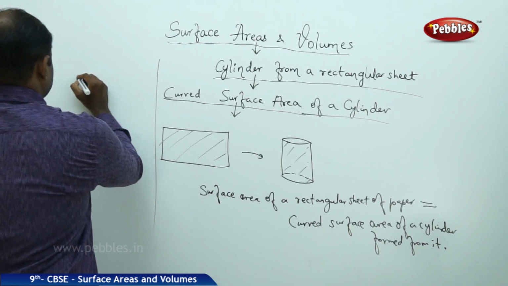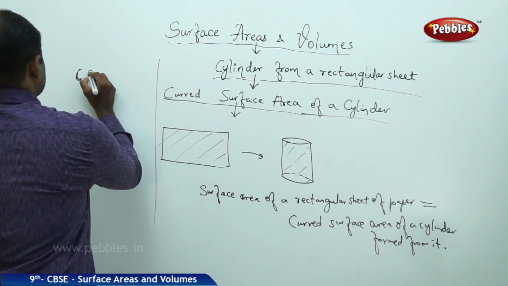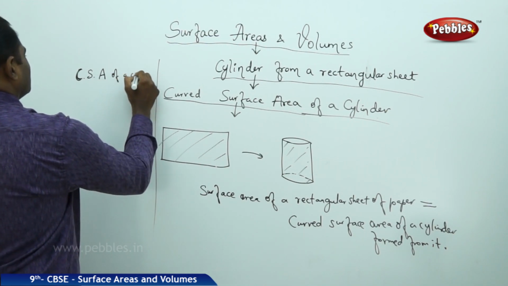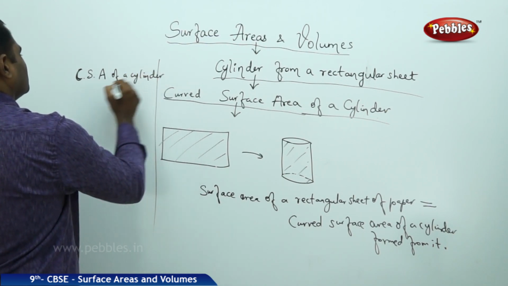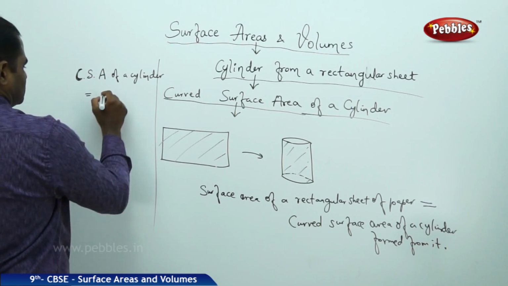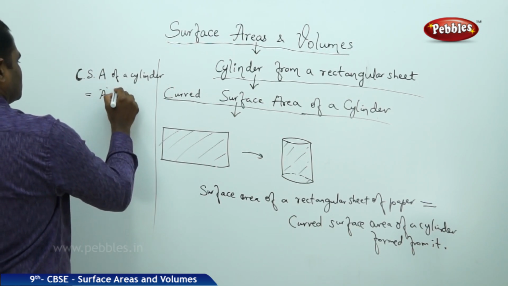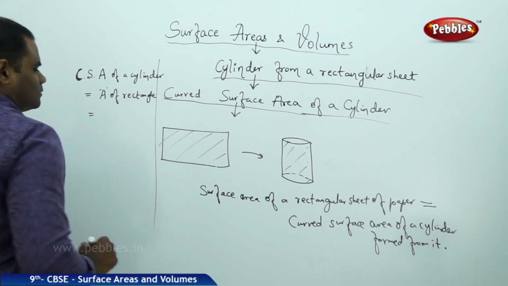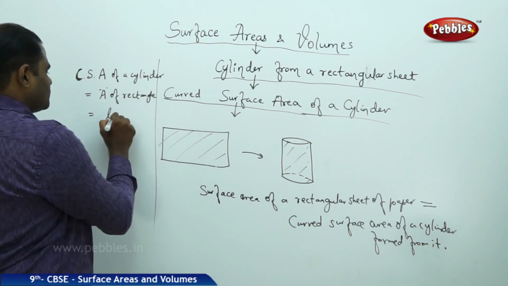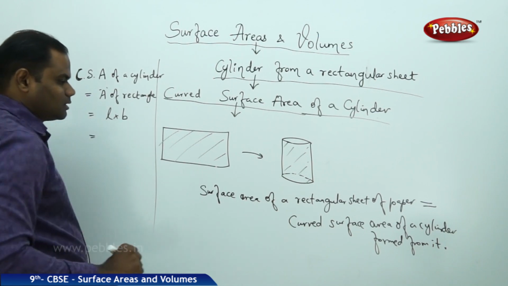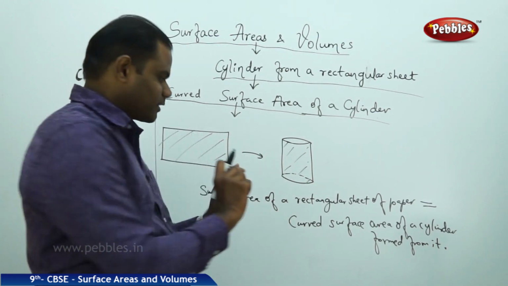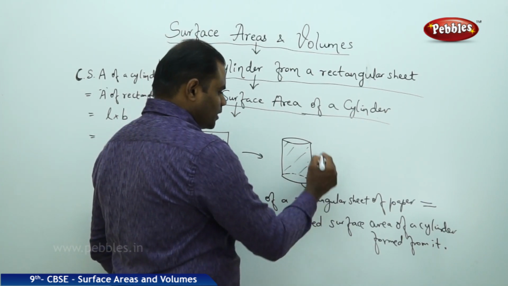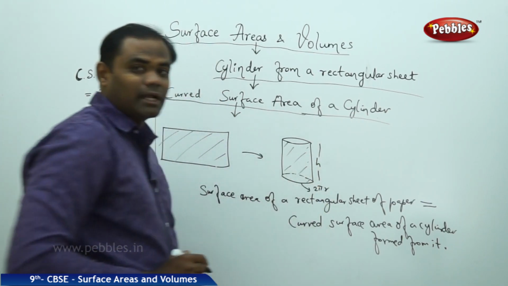So here, the curved surface area, which I denote by CSA, of a cylinder is nothing but the area of the rectangle, that is, length into breadth. But my length, which forms the circumference, as seen in the previous case, gives me the circumference 2 pi r and this gives me the height h.